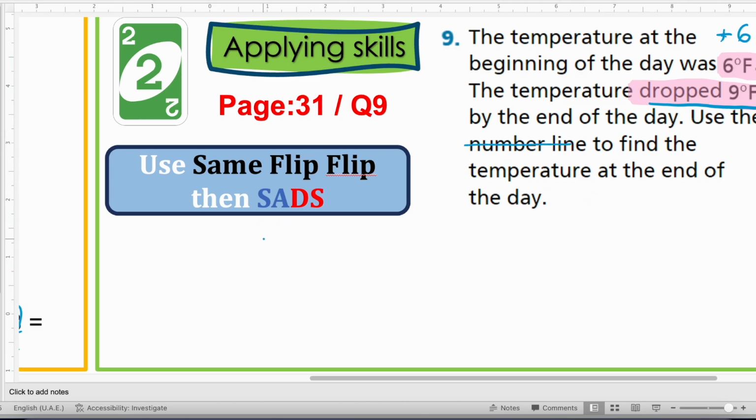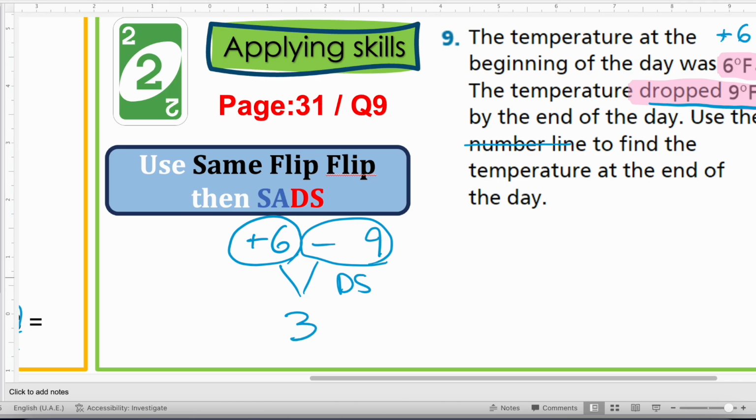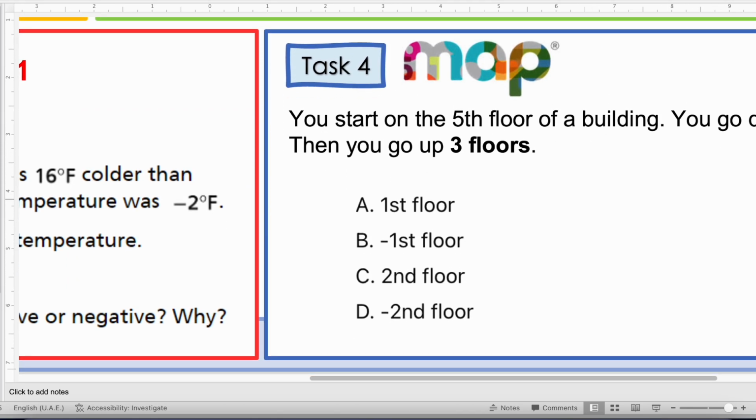Let's do it here. So let's do positive 6 minus 9. How can I do it? That's it. 9 is negative, 6 is positive. Different signs, subtract them. 9 minus 6, it's 3. Which sign? Negative. So the temperature will be negative 3 Fahrenheit.